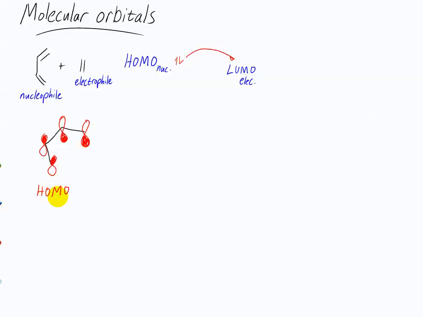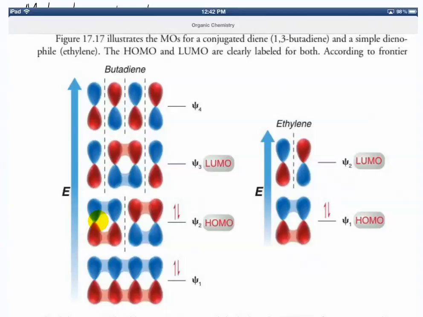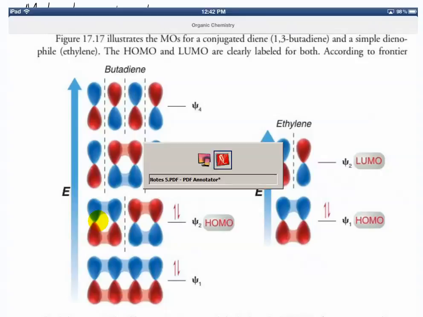In the same way, we're going to draw the LUMO of ethylene superimposed onto the molecule. Once again, here it is. The LUMO is where the two are out of phase, the pi star orbital. So we're going to draw that on here.